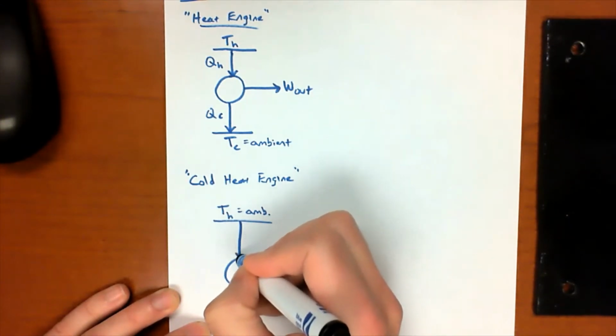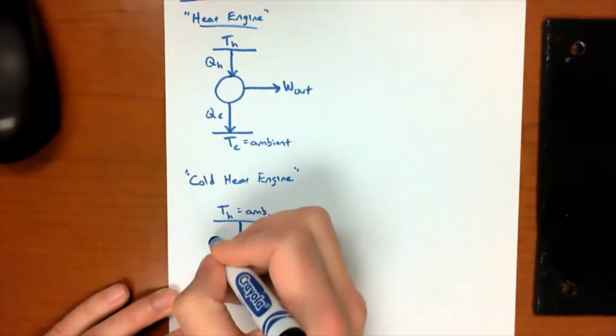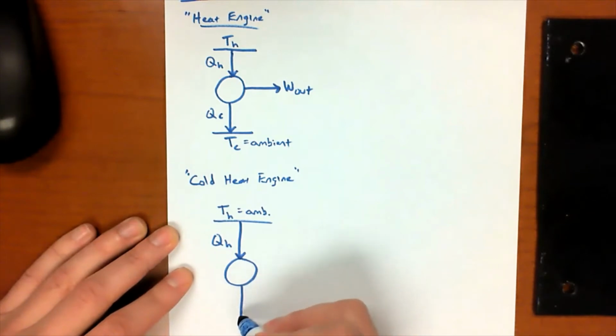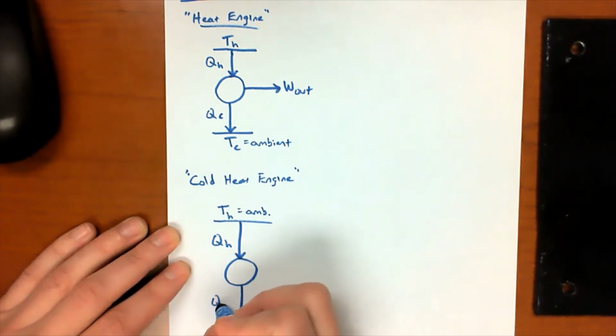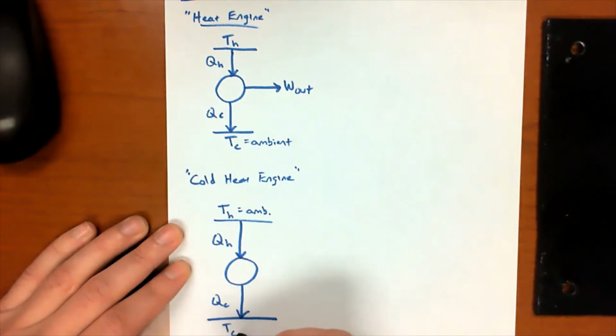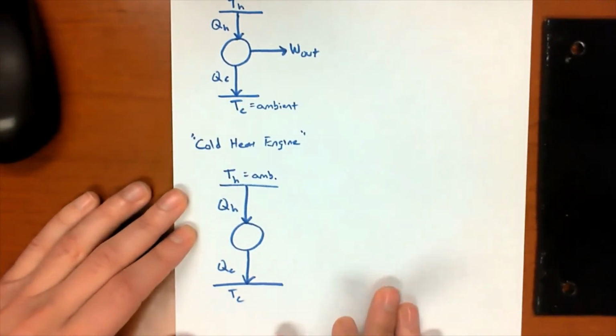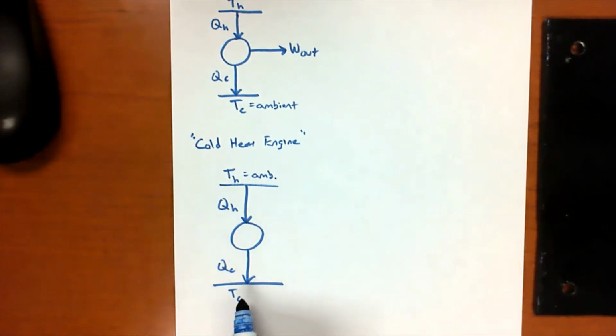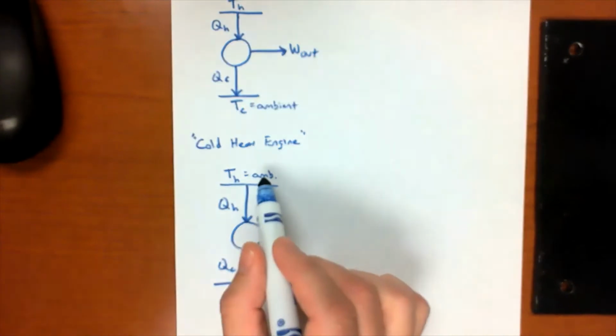We have heat coming from the T hot reservoir. That's still going to be Q hot. We still have heat being rejected from the system. That's Q cold. And we have a cold temperature reservoir. But the difference here is that you got to use some mechanism here to get the cold temperature reservoir below the hot temperature reservoir.